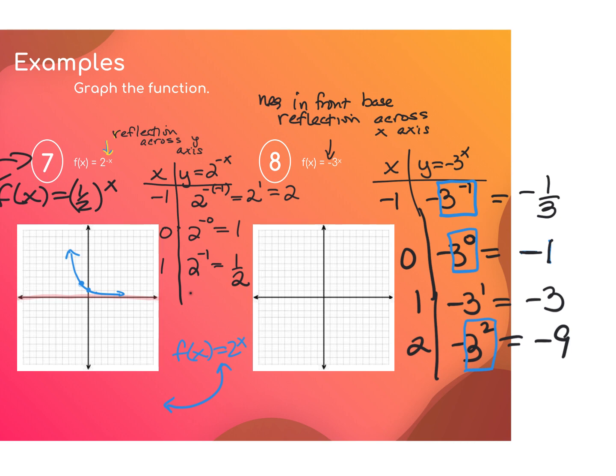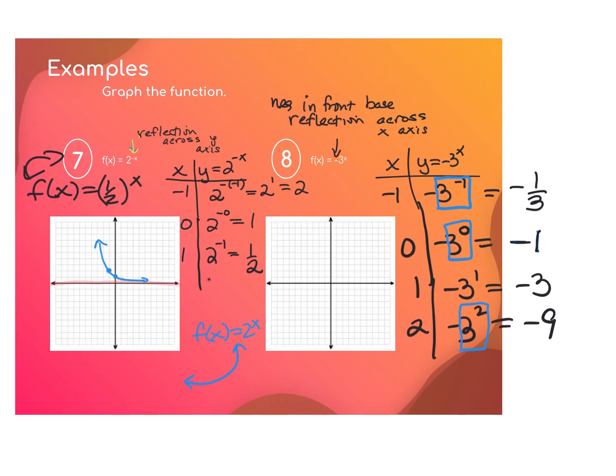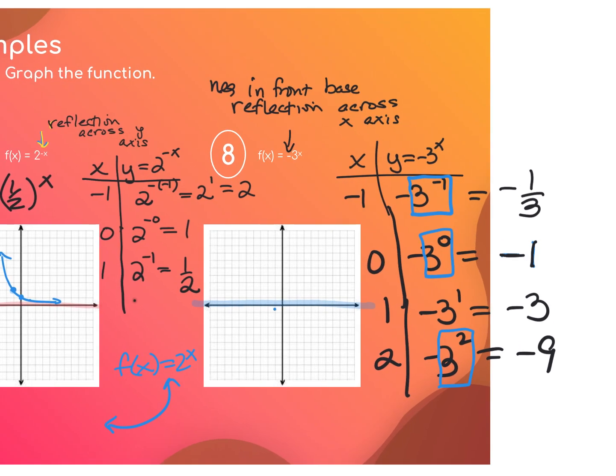All right, so let's graph these ordered pairs. So again, I still have my horizontal asymptote here, but now it's flipped. So I'm graphing -1, -1/3, which could be right about there, and then 0, -1, +1, -3. Oops.